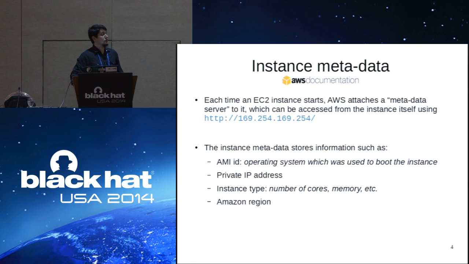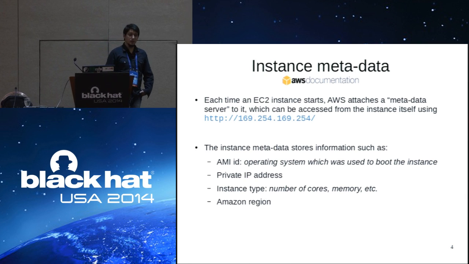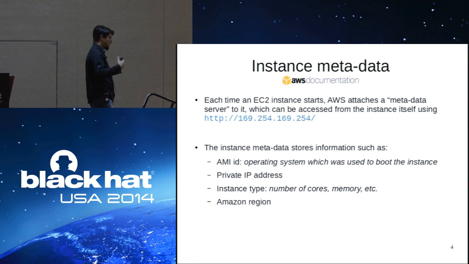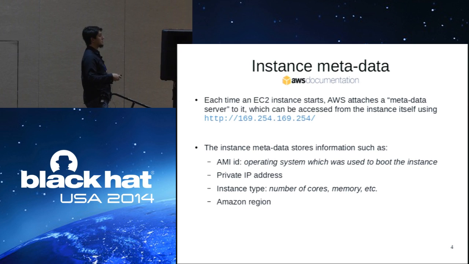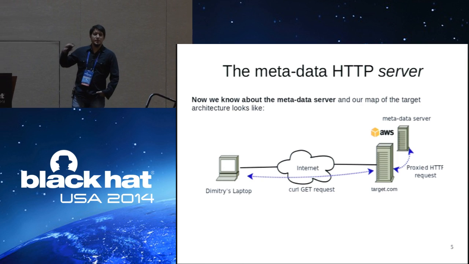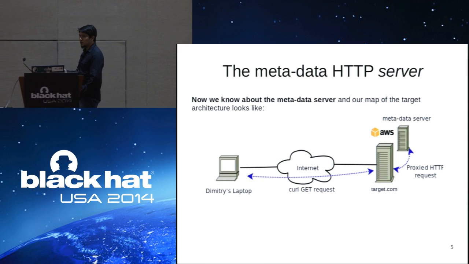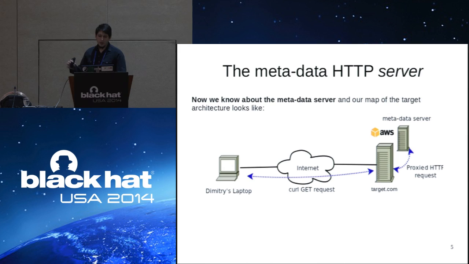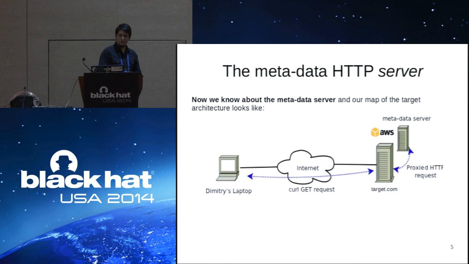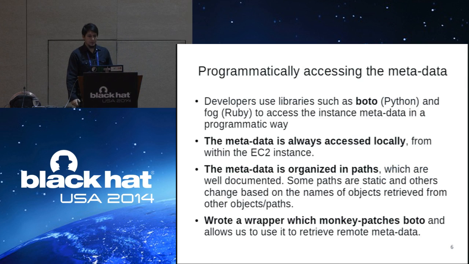Something else that's stored in the metadata is a private IP address, the instance type, how many cores, memory, and stuff like that, and where it lives, in which region, in which Amazon data center that instance lives. So from an attacker perspective, this is how it looked for me at that point. I was able to forward HTTP traffic to that metadata server and access information from there.